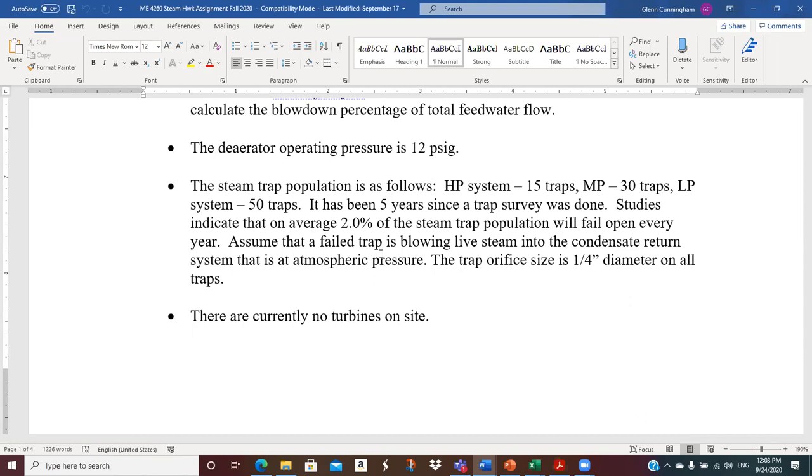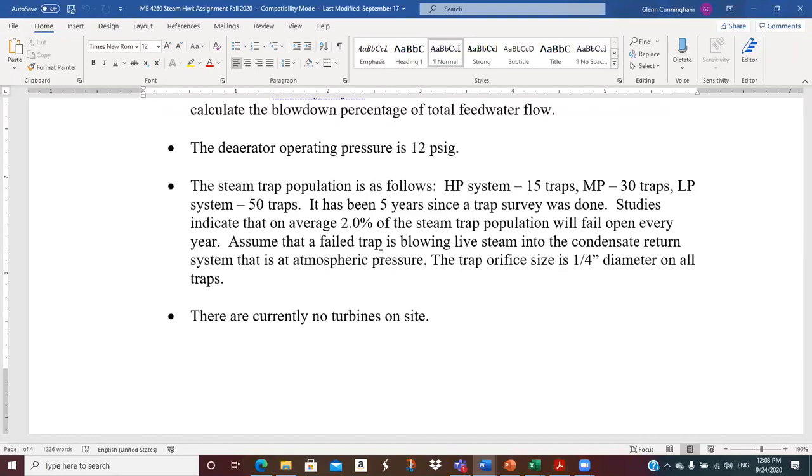After that first year, 2% of them failed. So then you have a certain number working and a certain number failed. After the second year, another 2% of those that were working failed. Then you have additional failures, and you just work through the years until you figure out how many you think currently have failed because they haven't repaired any in 5 years.